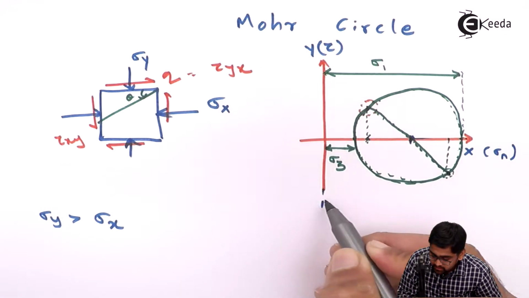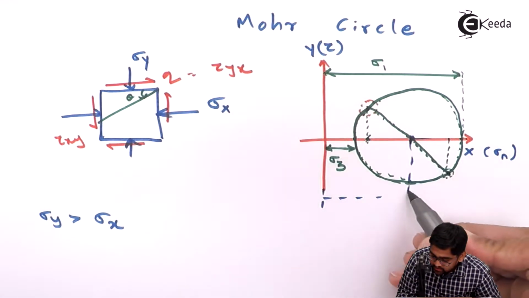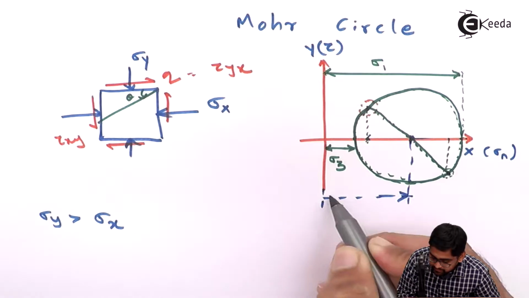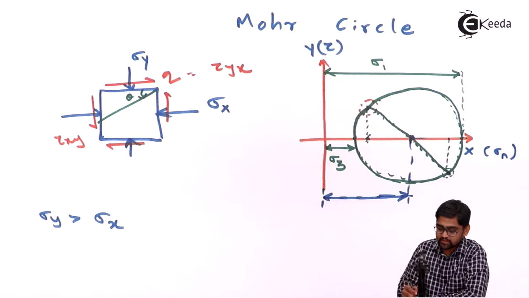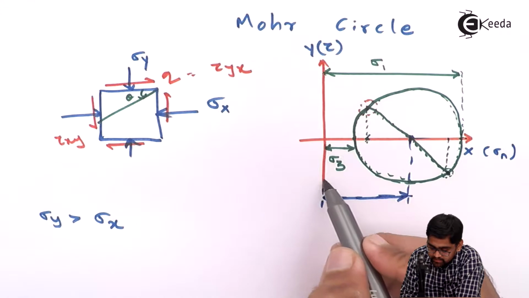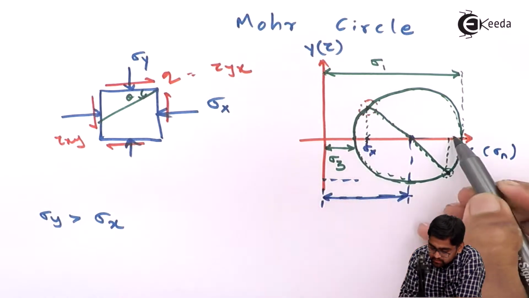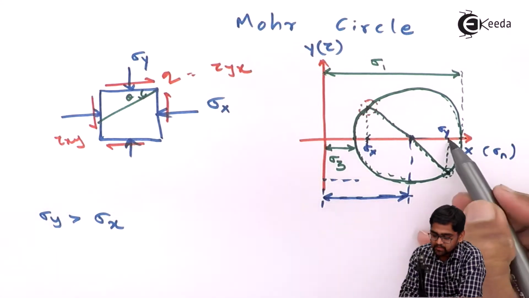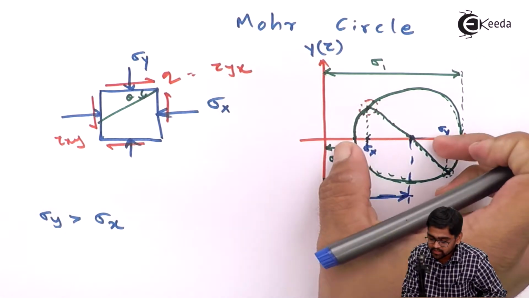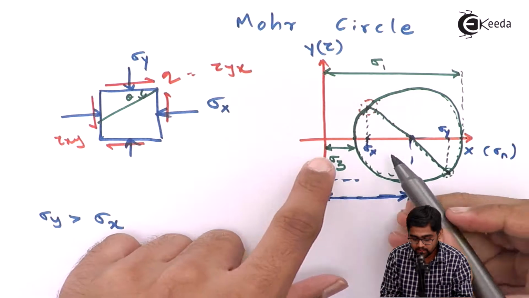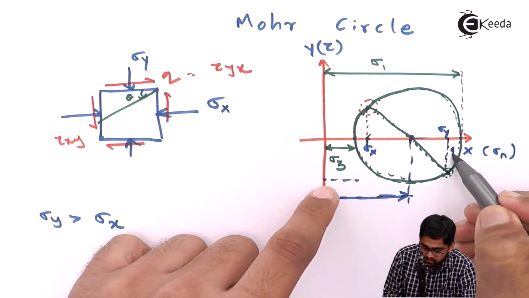But this distance, you can calculate this distance. This distance is your sigma x distance. This is sigma x. This is your sigma y. And this is your q again.